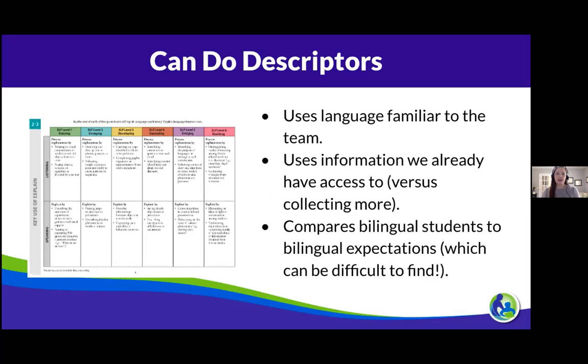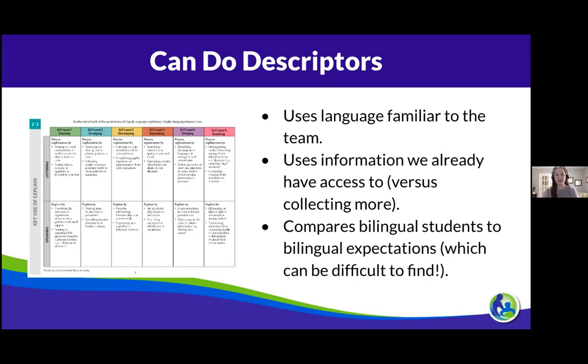So whether you're talking with LEAs, administrators, EL staff members, hopefully teachers, these would be things that are familiar to your team members. And this is a big one because we need to be efficient: it uses information we already have access to. You don't need to go out and collect more. This is readily available to us.